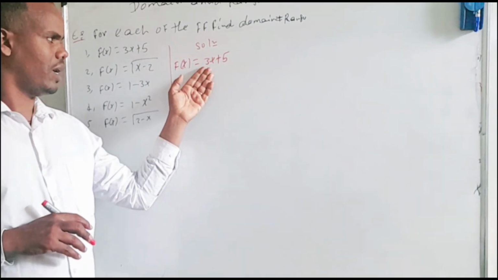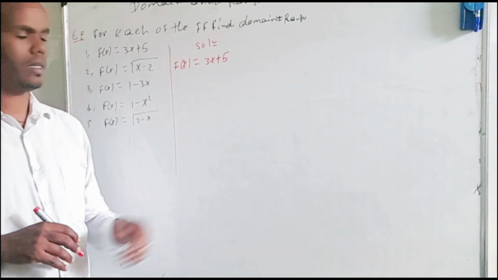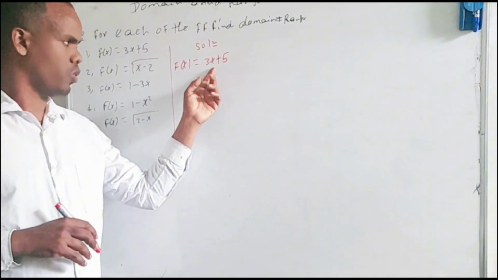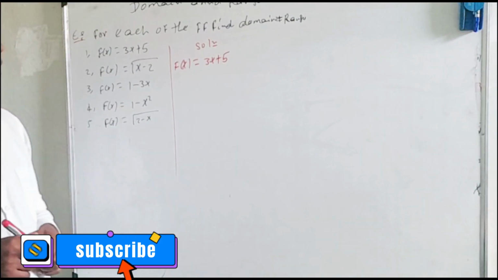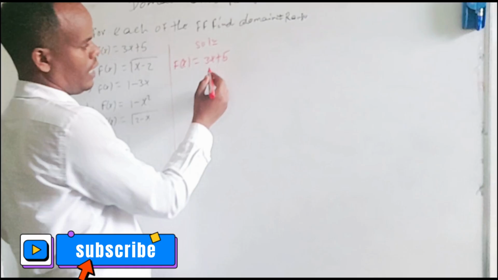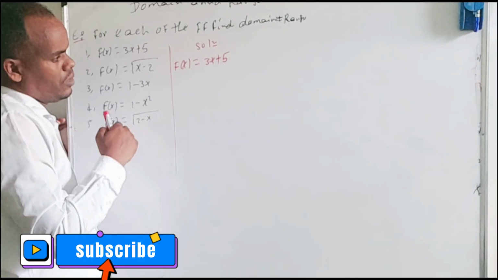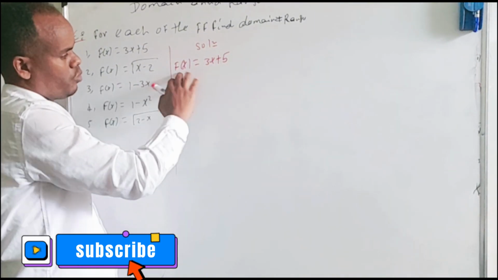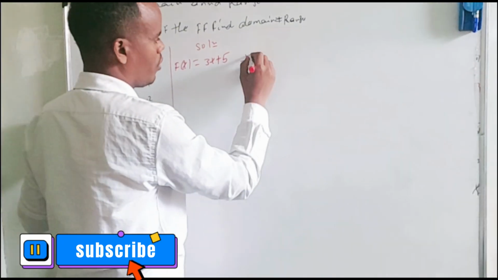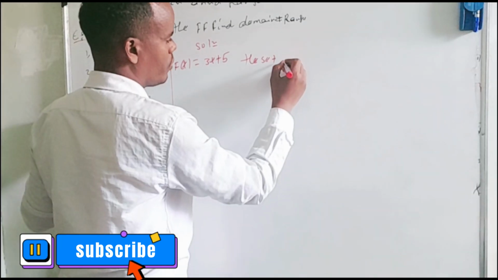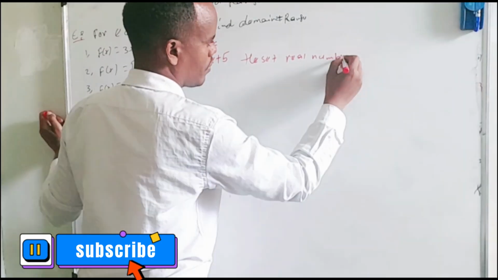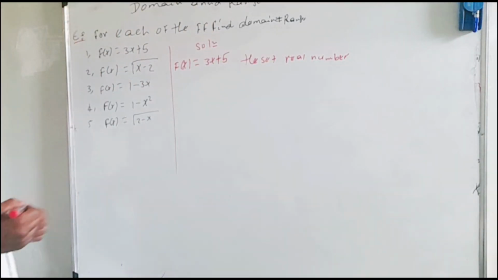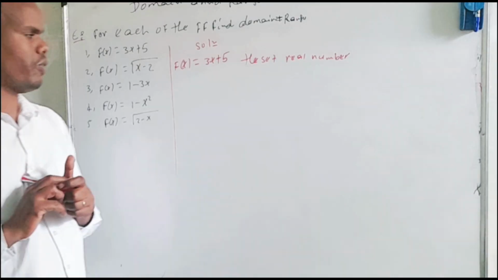That means it is defined for every real number. So the domain of the function is the set of real numbers, because it is defined for every value of x.